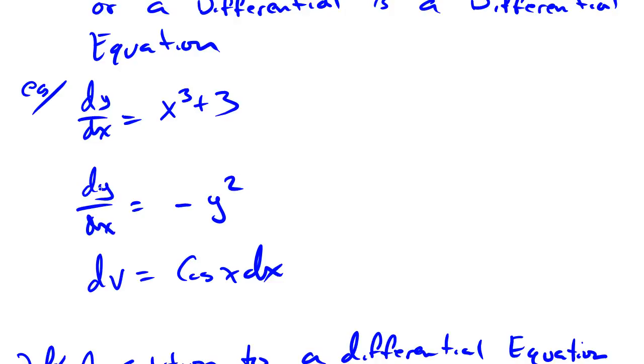We'll see in a subsequent video when we start dealing with springs that we might end up with something like a second derivative involved, d squared y/dt squared equals negative k times y or something like that. This now involves a second derivative of y and the function y. This is what's called a second order differential equation. Essentially, the order of the differential equation is the highest derivative that's involved.